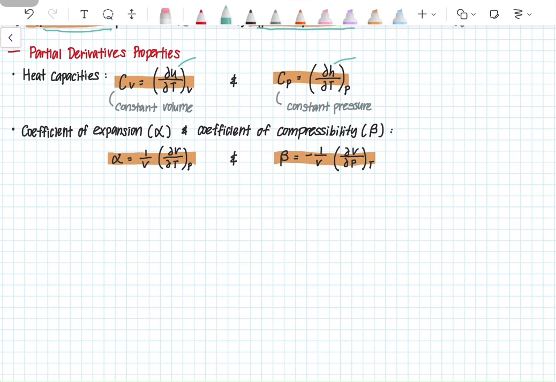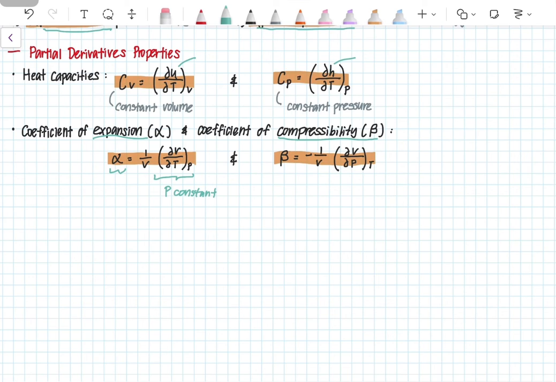And then finally, you have your coefficient of expansion and coefficient of compressibility. Alpha, which is your coefficient of expansion, is going to be 1 over V times the partial derivative of volume with respect to temperature holding P constant.